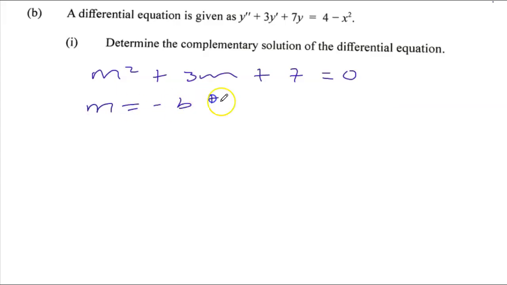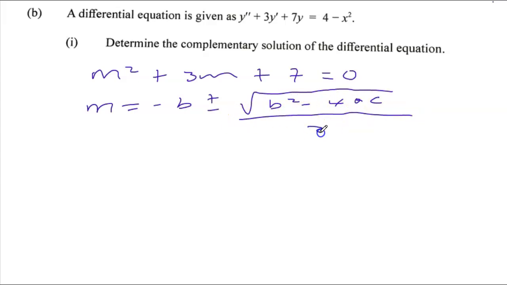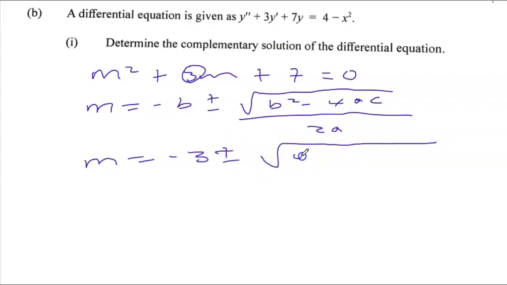Minus b plus or minus square root b squared minus 4ac upon 2a. So m equals minus b, this 3, so minus 3, b squared, which is 3 squared, that's 9, a is 1, c is 7, so negative 4ac is negative 4 times 1 times 7, that's negative 28, all upon 2 times 1.